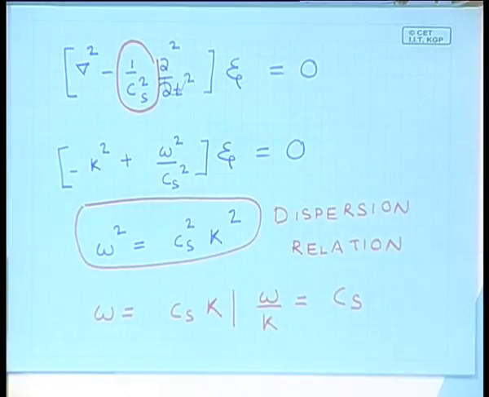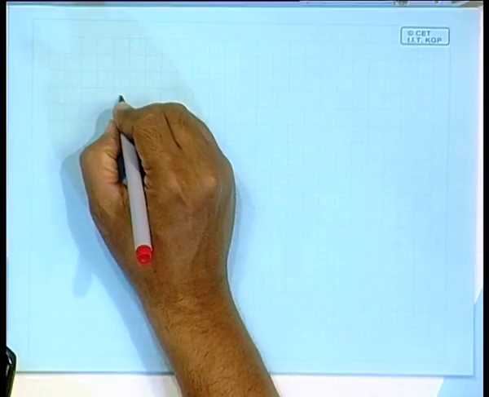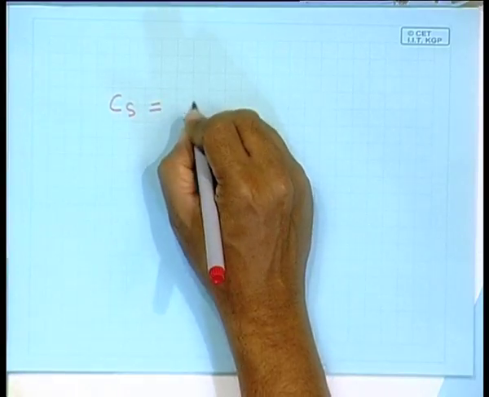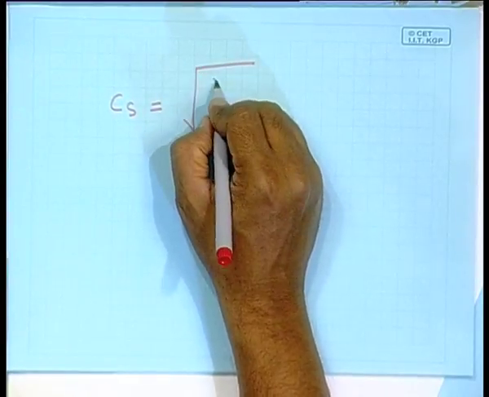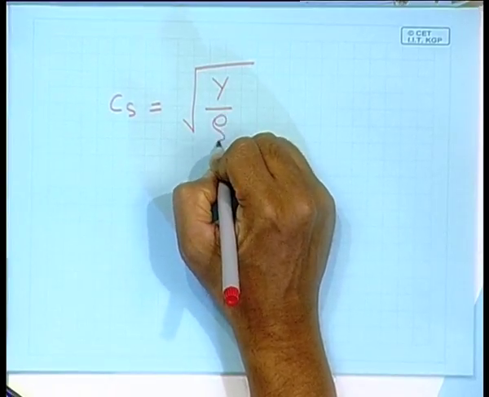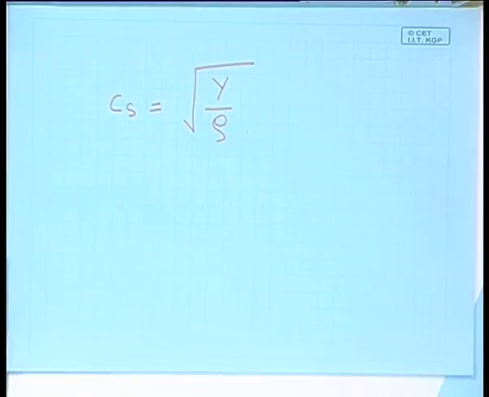If you have an elastic wave propagating in a particular medium, we have calculated what Cs is. For an elastic wave, the phase velocity Cs in the medium is equal to the square root of the Young's modulus divided by rho, the density of the medium.